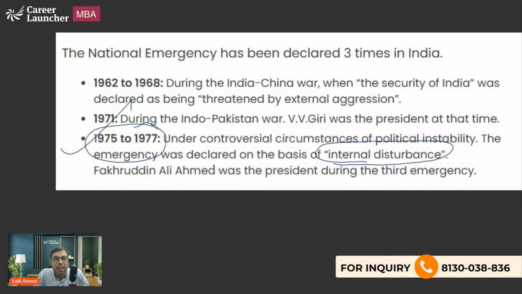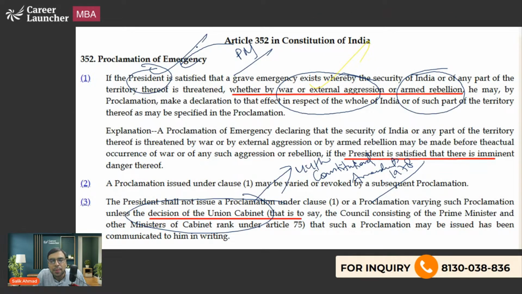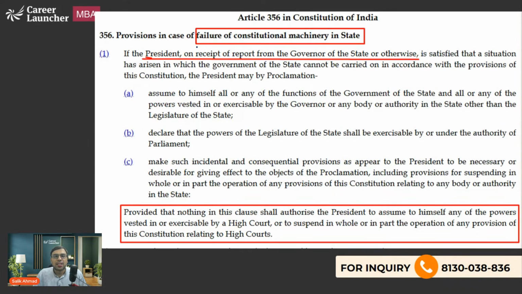Although the decision was taken by the president at that time, Fakhruddin Ali Ahmed, it is said that for all practical purposes it was taken by the prime minister, but the signature is of the president, because Article 352 clearly says that on paper the president proclaims emergency, but of course the decision was of the prime minister. Similarly, at the state level we have state emergency, Article 356, failure of constitutional machinery.